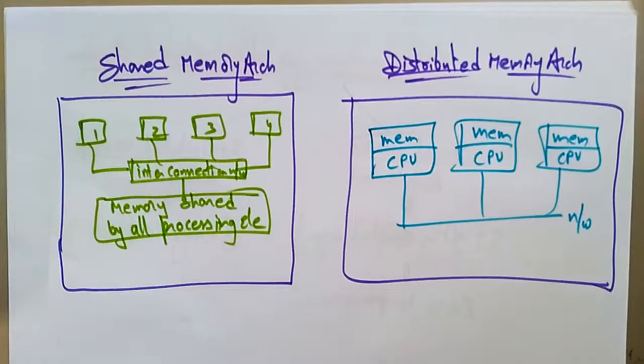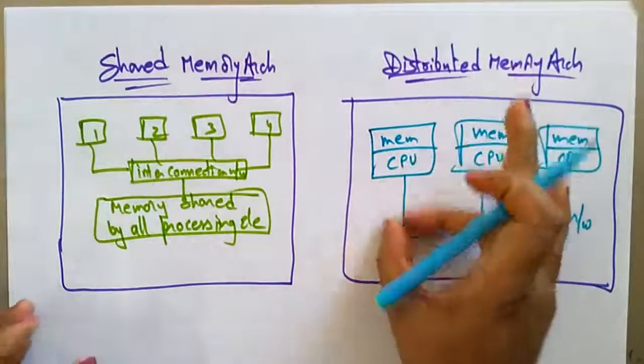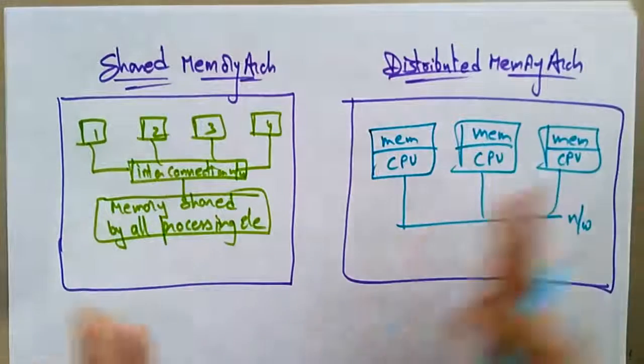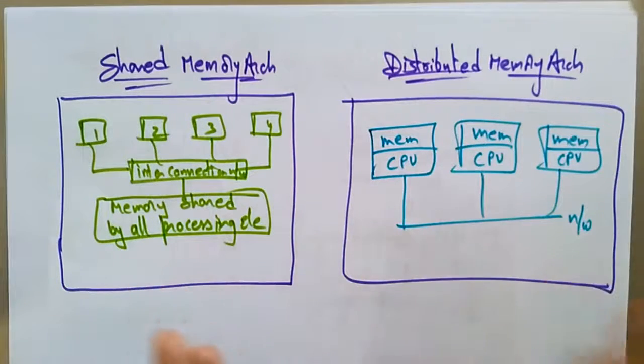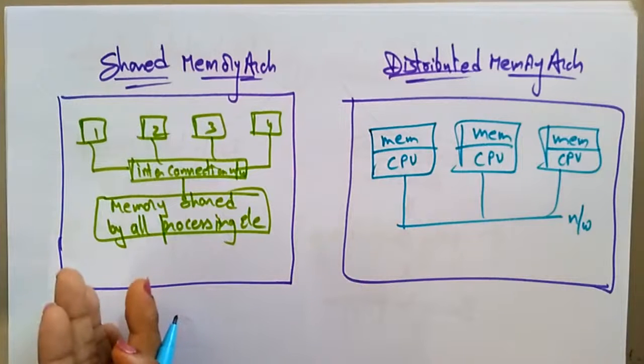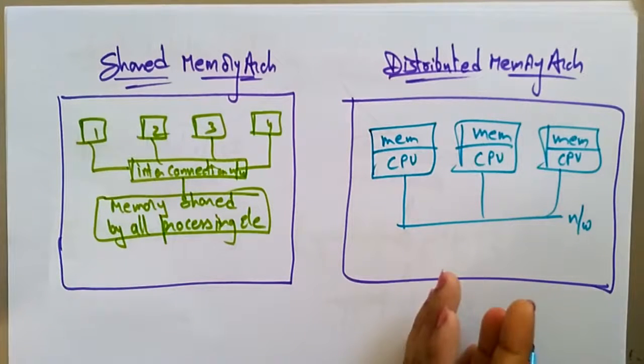So the memory and CPU are distributed to each system, and since all systems are connected, they can access any device's information, like software, hardware, data, whatever it may be, and it can be used by the other systems with the help of this network. So this is how the shared memory architecture and the distributed memory architecture look.